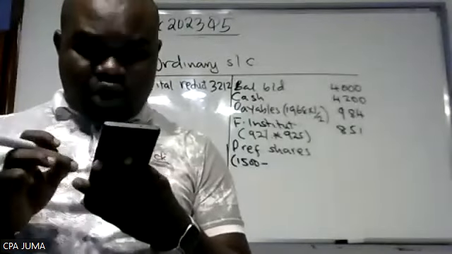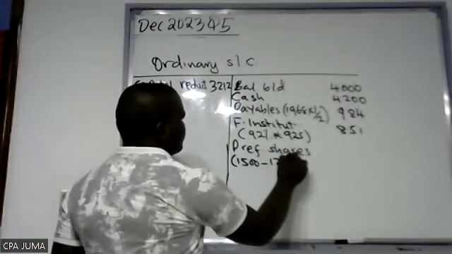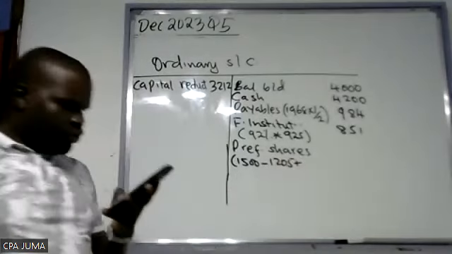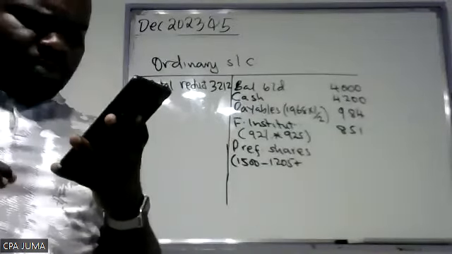Preference was reduced by how much? Randy, 1205, plus, check this note here.